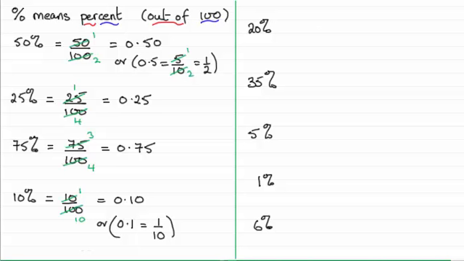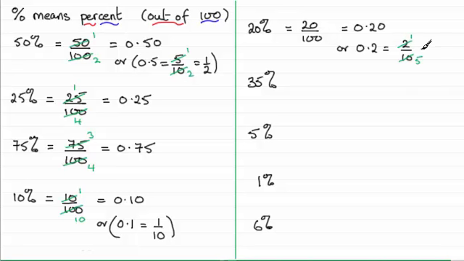Okay, welcome back then if you had a go. So starting with 20%, this is going to be the fraction 20 out of 100. Or as a decimal, if we divide 20 by 100, it's going to be 0.20. You might not have had 0.20 because it ends in a 0. You might have written 0.2. 0.2 means 2 out of 10, and 2 out of 10 can cancel further. 2s will go into both the top and the bottom. 2 into 2 goes once and 2 into 10 goes 5.